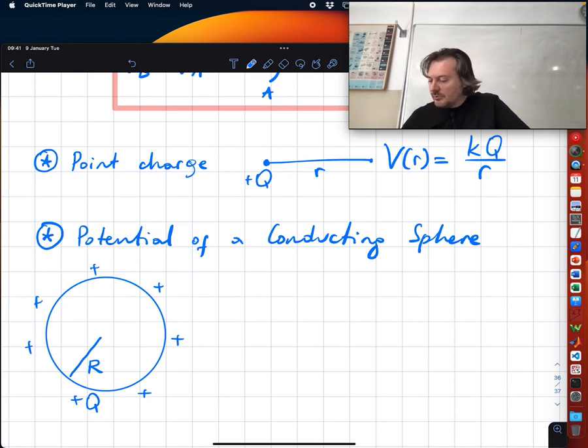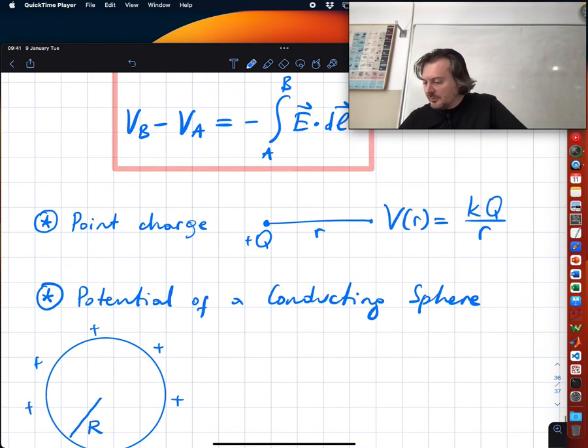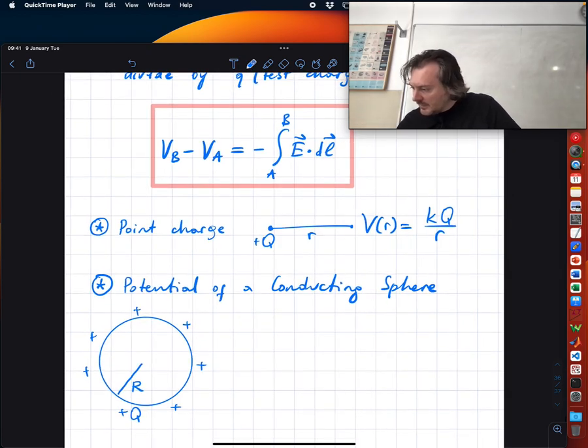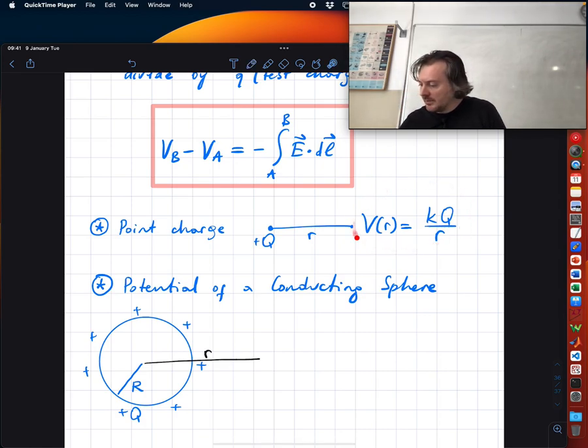So what you are going to do in this kind of problem, let's say you want to find the potential over here. If you want to use this formula, you need to integrate over all the tiny elements of charge. Do you understand what I mean? Because you only know potential due to a point charge.